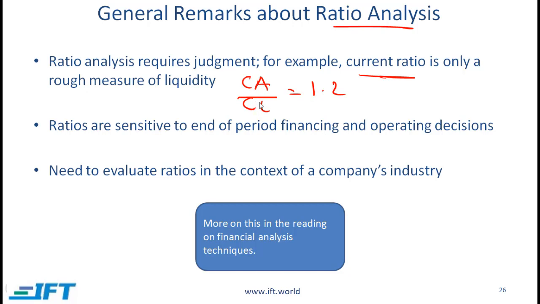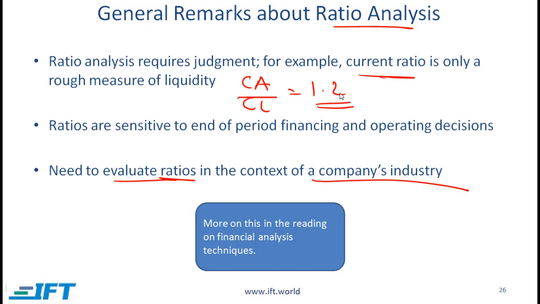However, on deeper analysis, you might realize that both the inventory and accounts receivables are not really very liquid. So the point here is that you need to do more analysis and rely on some judgment to really understand whether this ratio is safe or not. And you need to evaluate ratios in the context of the company's industry as well as the particular situation of that particular company.